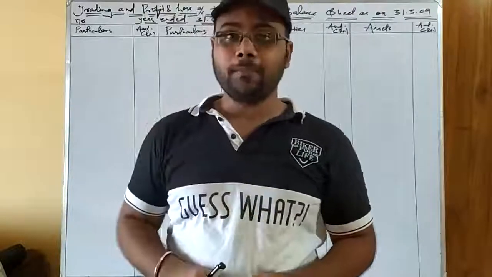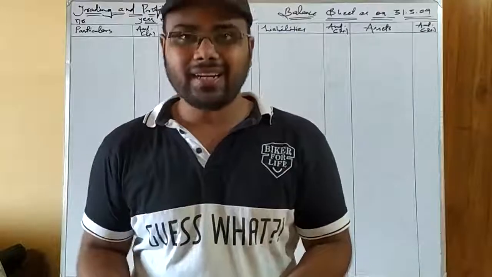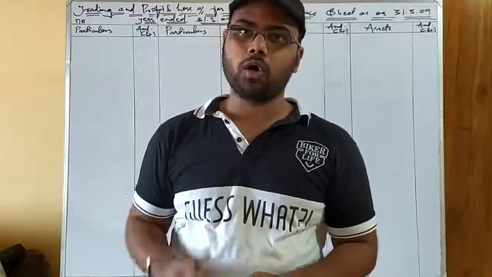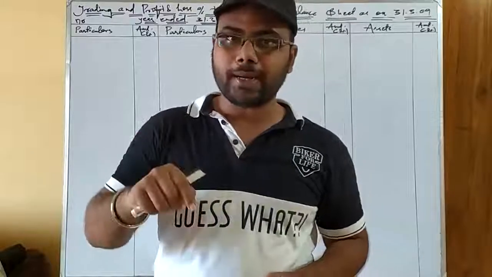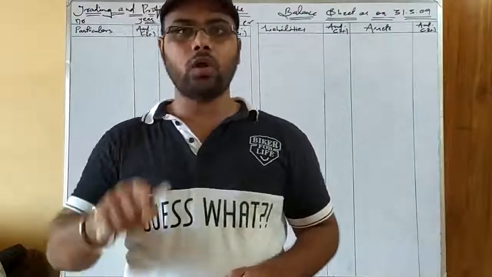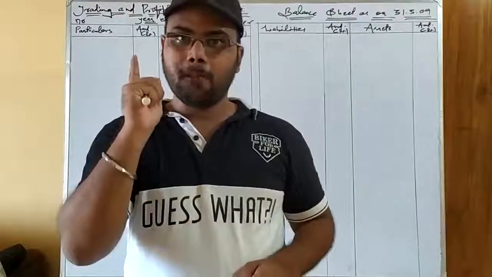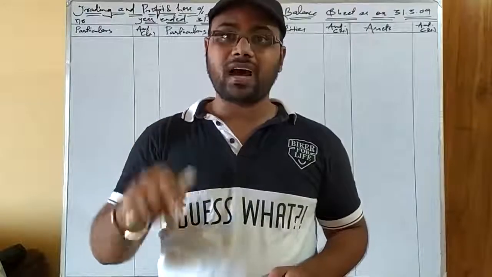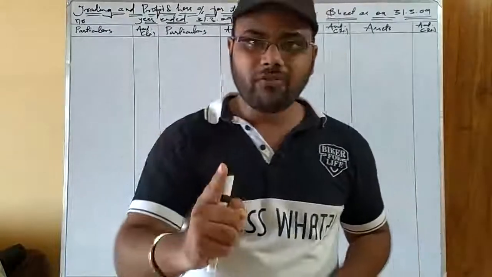The items given inside the trial balance are already recorded in the books of account. So we should know that the items appearing in the trial balance are taken to only one financial statement. Please listen carefully. The items inside the trial balance are taken to only one financial statement.